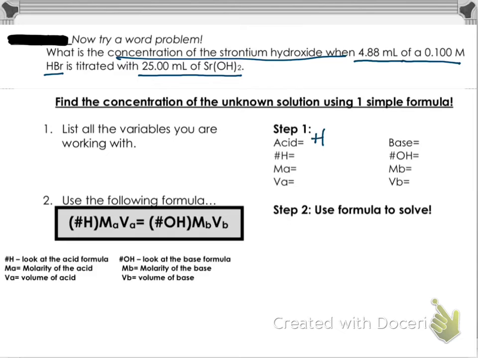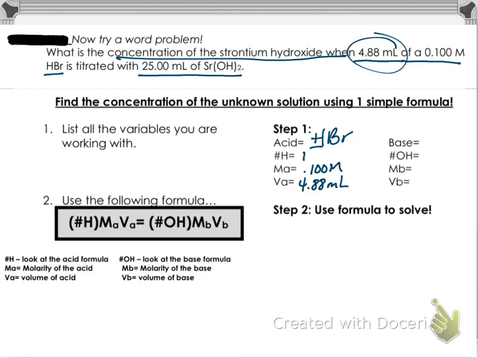That's the HBr. How many hydrogens? 1. What's the molarity of it? In this case, we do know the molarity of the acid is 0.100 molar. What's the volume? How much of it are we using? Well, it took 4.88 milliliters.